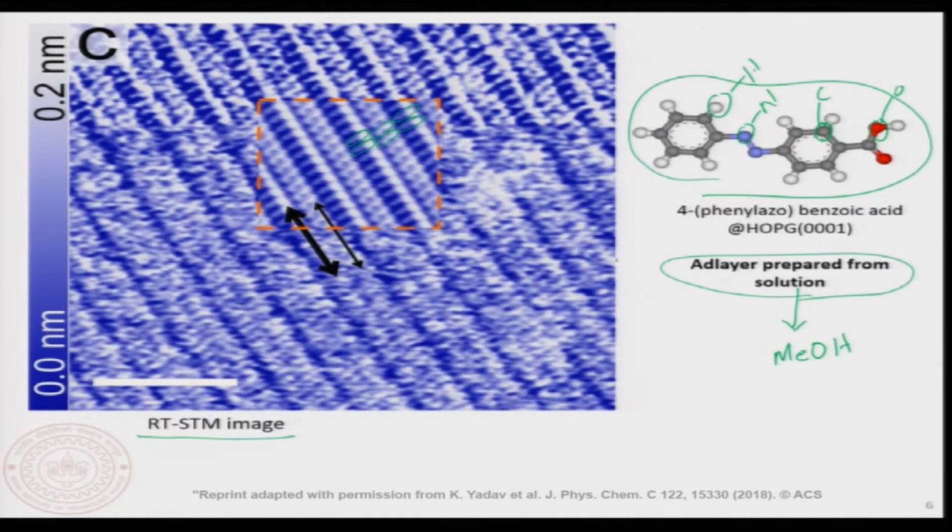What I want to show you here is that using the solution based preparation, you can also form a nice single monolayer, or, depending on the concentration of the solution that you use for the preparation, you can prepare layer by layer on top of each other, form multilayers, and form a thin film nicely.